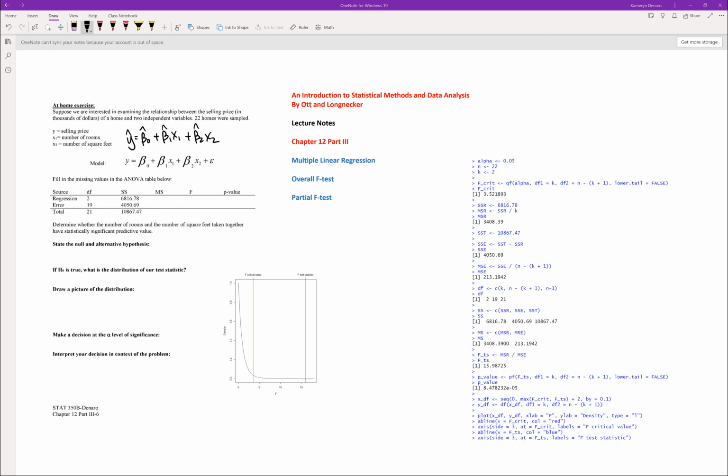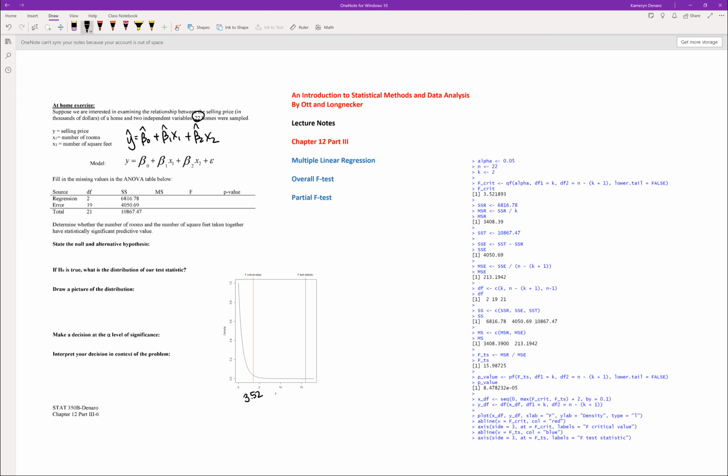If 22 homes were sampled, we know that n here is 22. Our K equals 2. To find the critical value, remember that we're going to put alpha equals 0.05 area in the upper tail. In this case, our critical value is equal to 3.52.